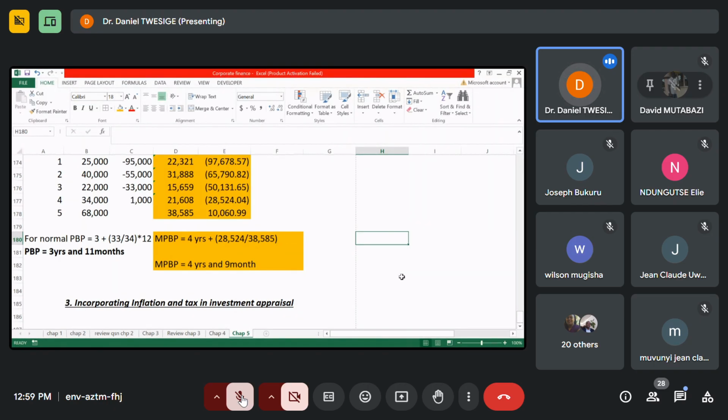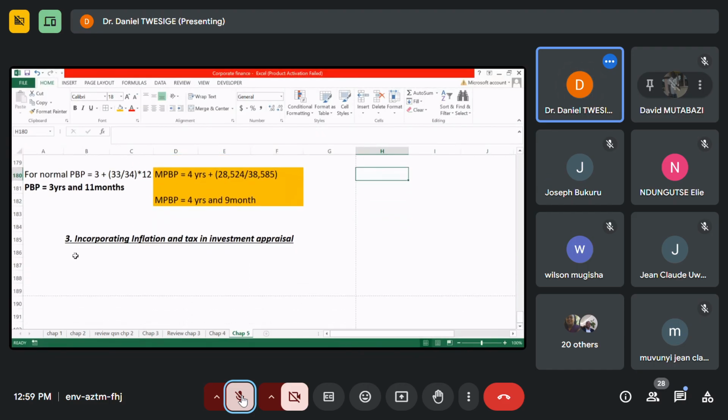Now, when there is inflation in the economy, you must adjust your cash flows with inflation. Before evaluating the cash flows, if there is inflation in the question, you must adjust for the inflation in your cash flows. So, effect of inflation, that's number 1.